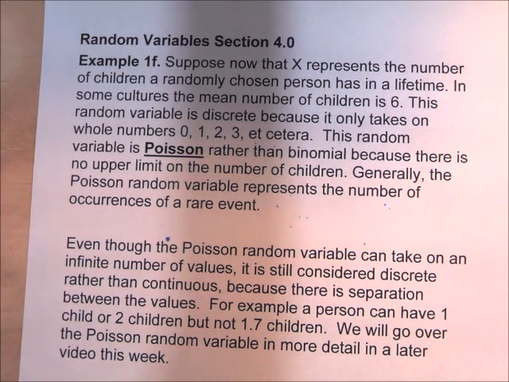So even though the Poisson random variable can take on an infinite number of values, it's still considered discrete rather than continuous because there's separation between the values. For example, a person can have 1 child or 2 children, but not 1.7 children. Again, we'll go over Poisson in more detail in a later video this week. And that concludes this presentation.